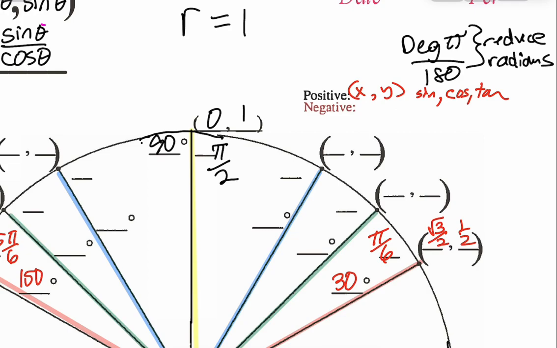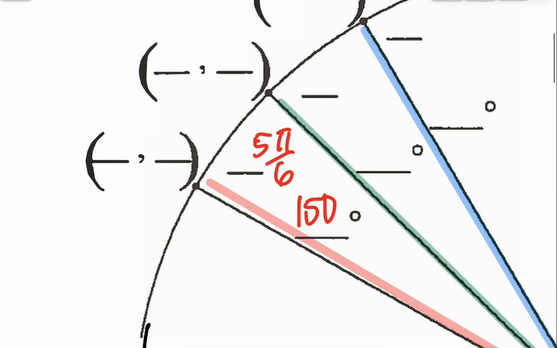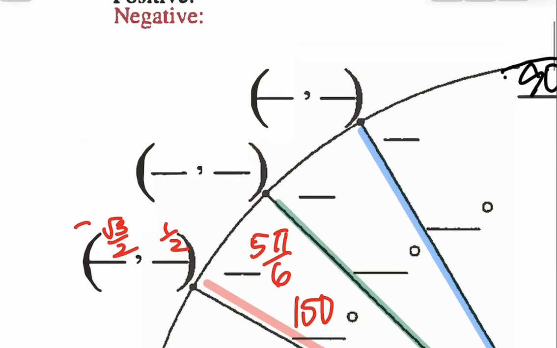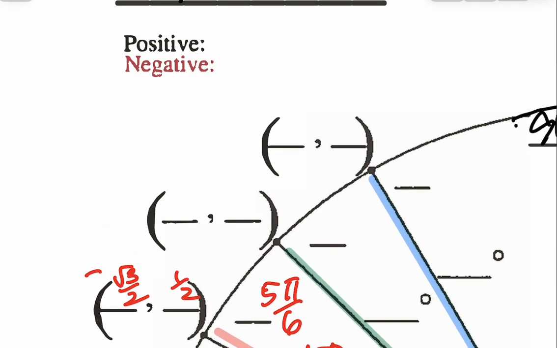So now let's go to 150. Same point, square root of 3 over 2, 1/2. But this time our x went in the negative direction. So this time our x is negative and our y is positive.